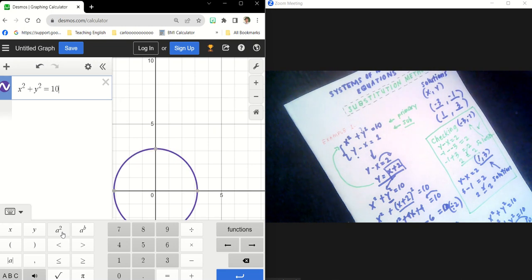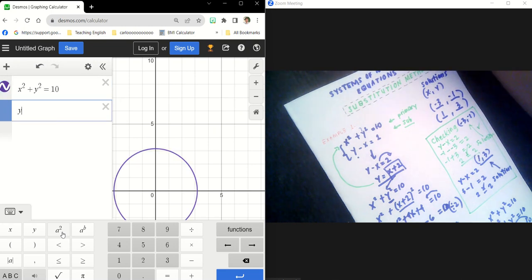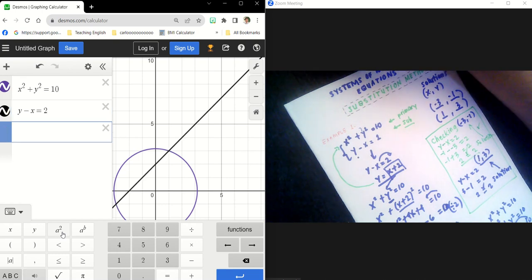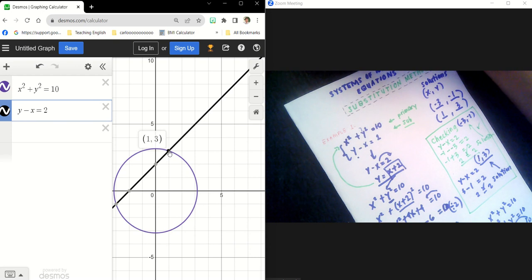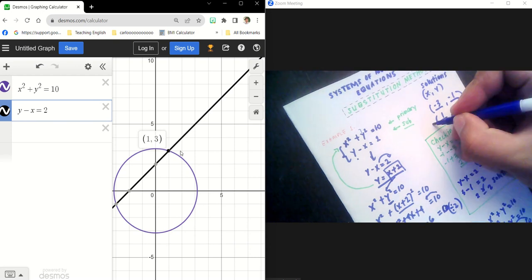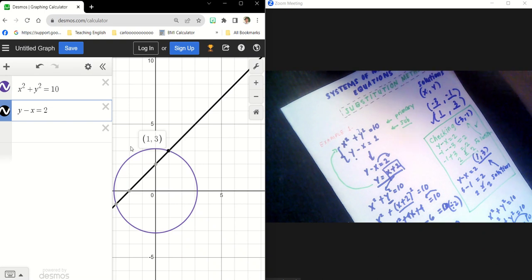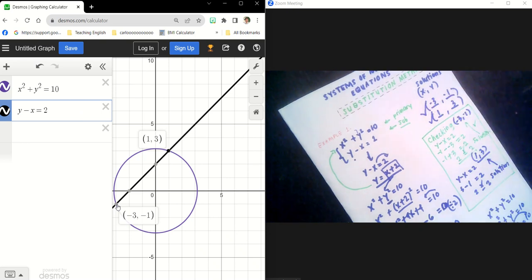Probably it is a circle. The second one is a linear equation, y minus x. Just input the original equations, the two sets. Okay, so they intersect at 1 comma 3. We got it right. Check. And at negative 3 comma 1. You got it right.